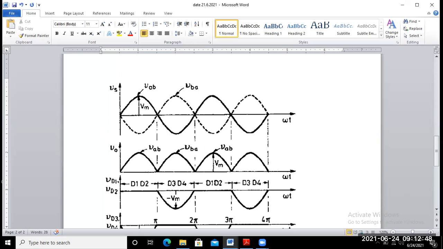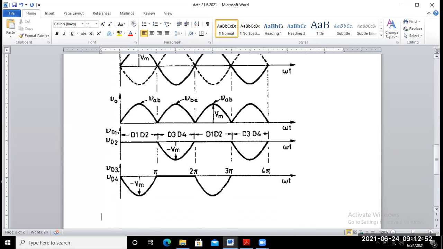Similarly, you may find the voltage across D3 and D4. During 0 to pi, D3 and D4 are in reverse bias, so they do not conduct, that means the voltage of the negative half cycle appears in reverse bias, represented by minus Vm, the maximum value.